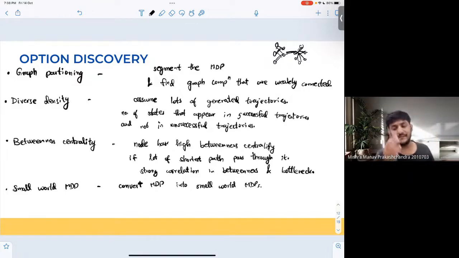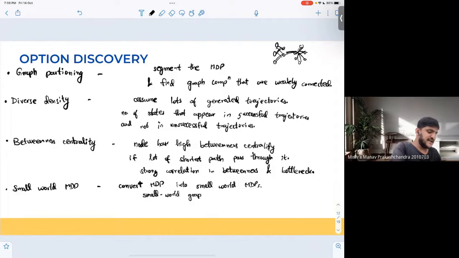A small world MDP indicates that you can reach from your start to the goal position in a very few number of steps. That is the definition of a small world MDP. And then from that small world MDP, you define or partition it into small world graphs. It turns out that these small world graphs help in cutting down on exploration.